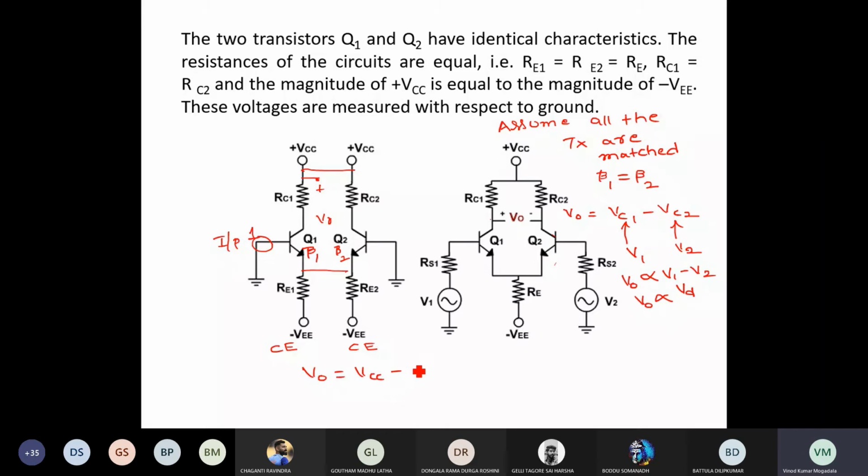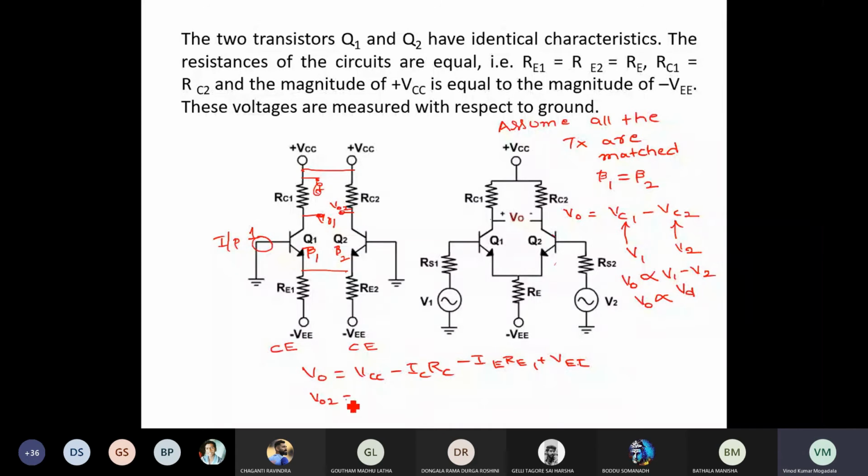At the collector terminal, V0 is VCC minus IC RC minus IE RE1 plus VE. So this is at one collector terminal, for example V01.